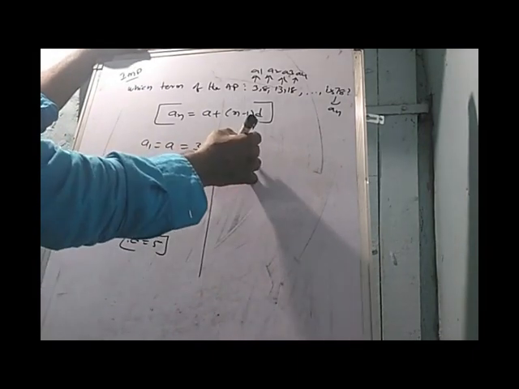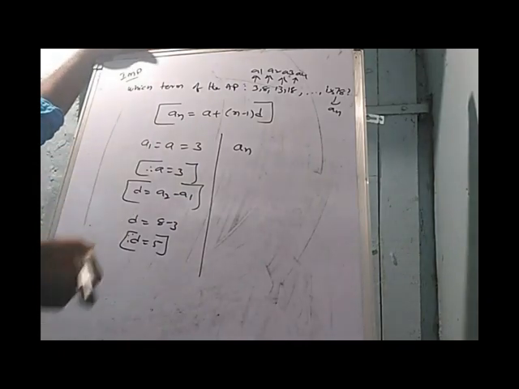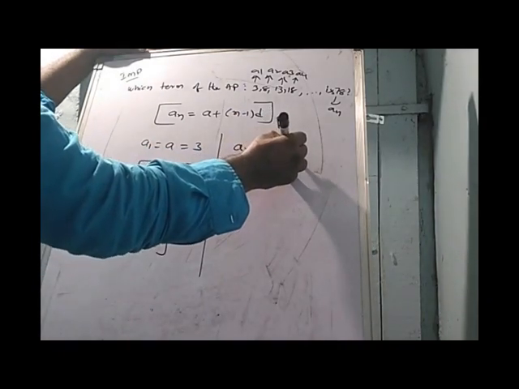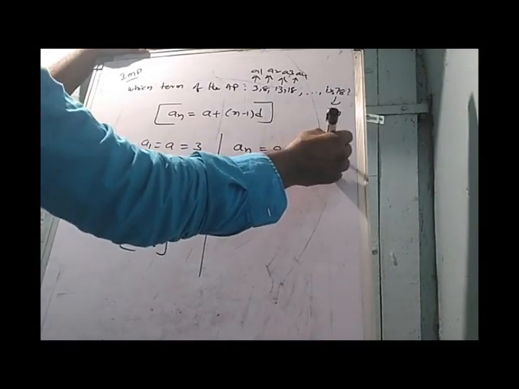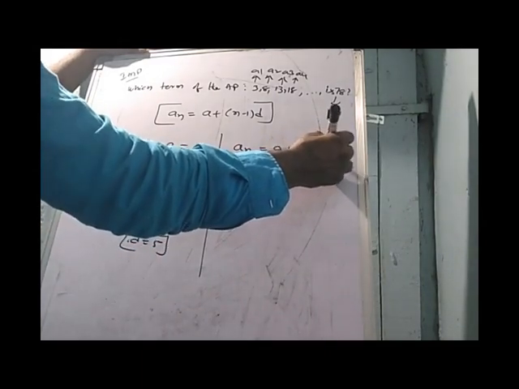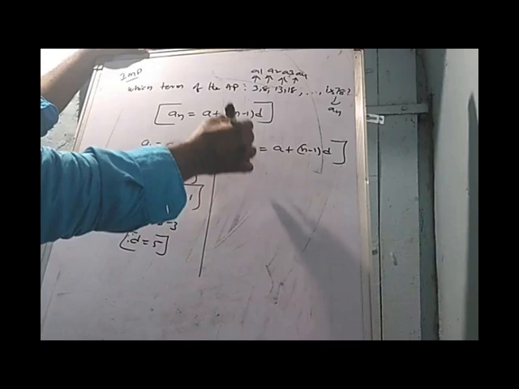Okay. Now we are going to apply the formula An. As you already know, An is 78. Here A, what is the A here? 3 as A, and n minus 1 into D. The D value is already 5. Okay. Now apply the values in this equation, in this formula.